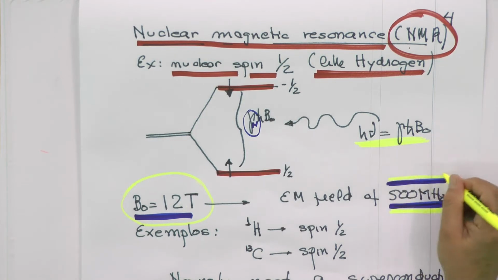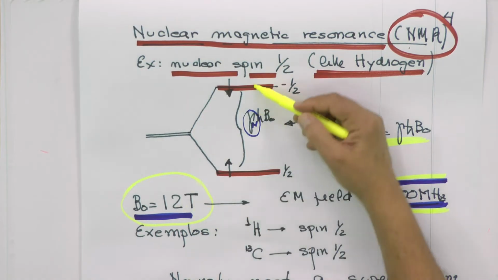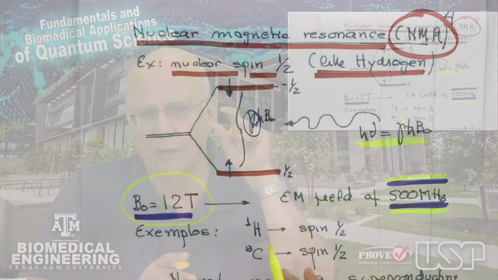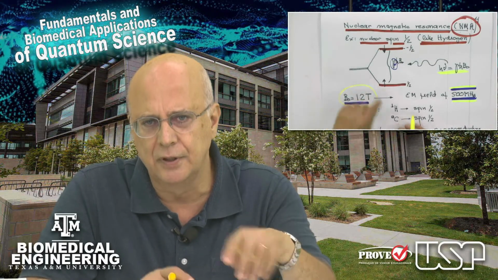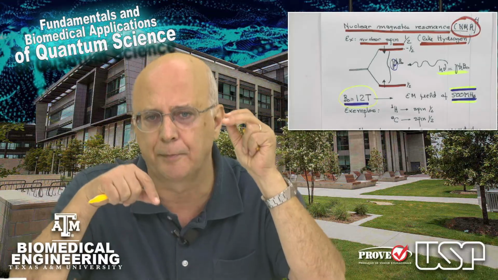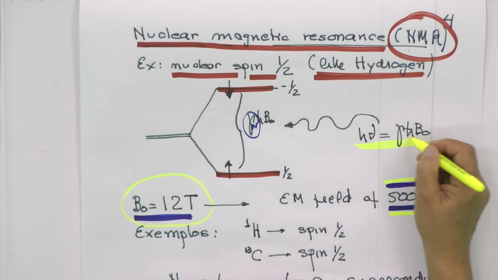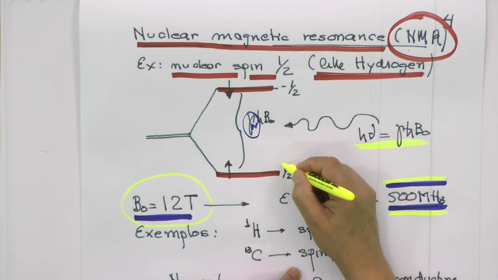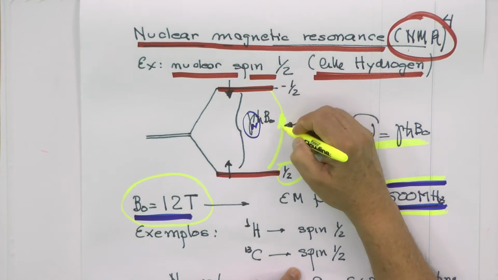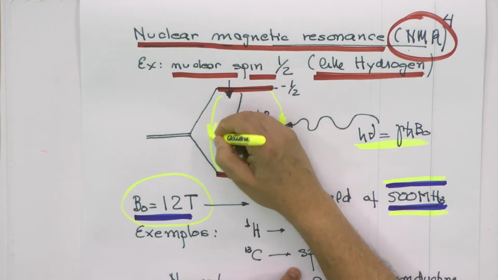It's half of a gigahertz. And depending on this field, I get better resolution. But then what's happening is I apply the field, I split the levels of the spin of the nucleus, and then I come with radiation and make sure I can transfer population from one state to the other and vice versa.